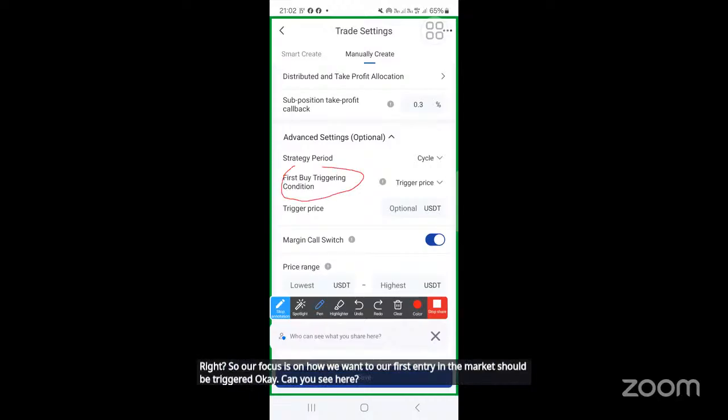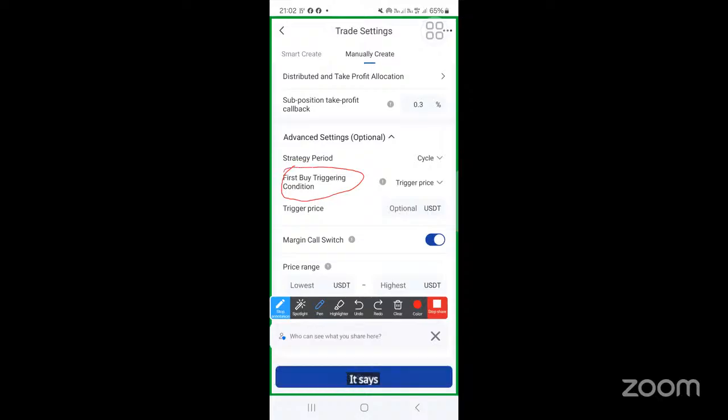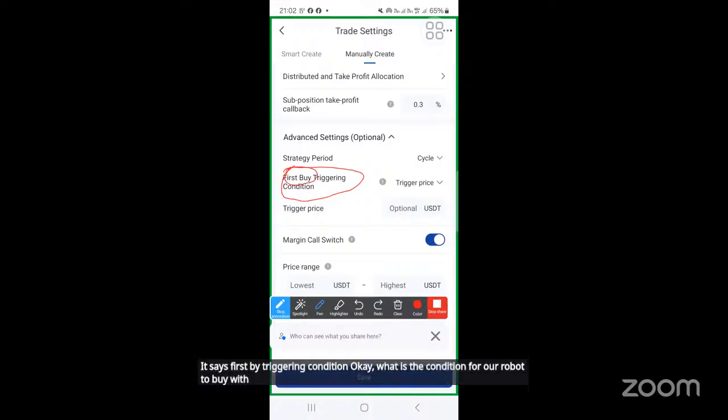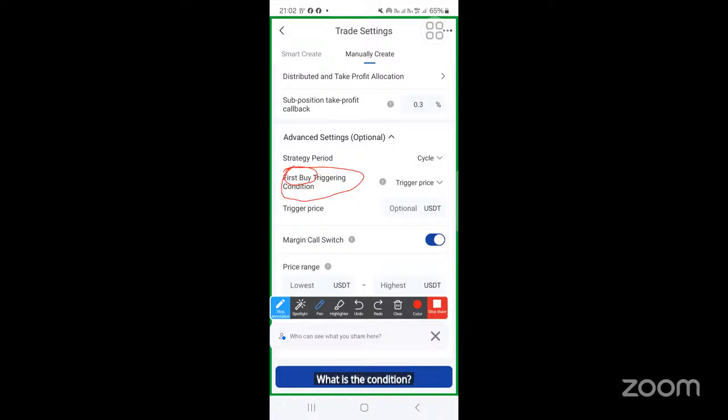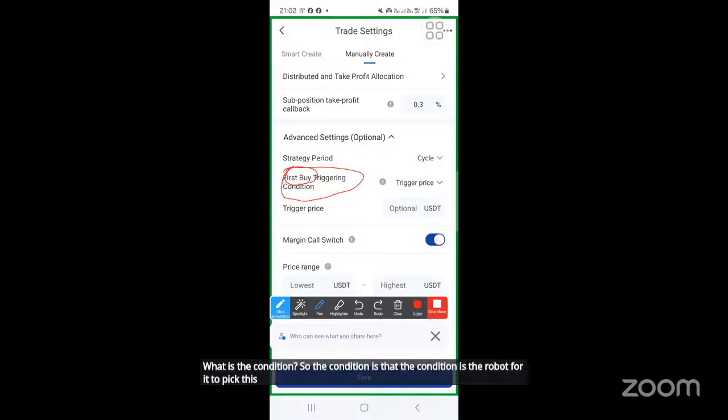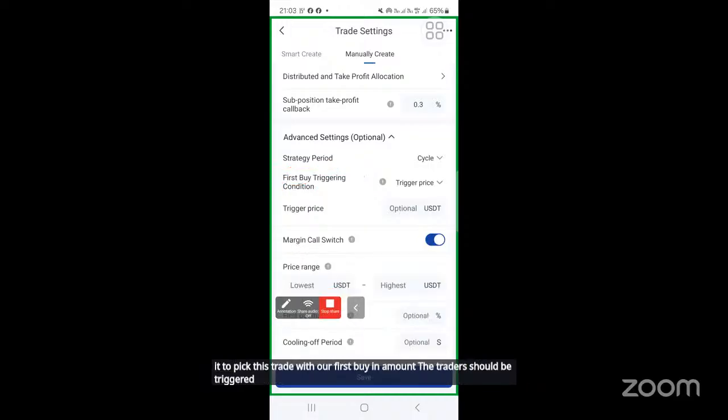Okay, can you see here? It says first buy triggering condition. What is the condition for our robot to buy with our first buy-in amount? The condition is that for the robot to pick this trade with our first buy-in amount, the trade should be triggered by a MACD indicator.